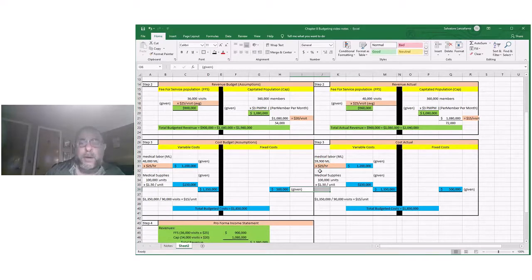The actual hourly rate on average ended up being $26 an hour, not $25 an hour. And the actual medical labor turned out to be, if you do that multiplication, 1,557,400.